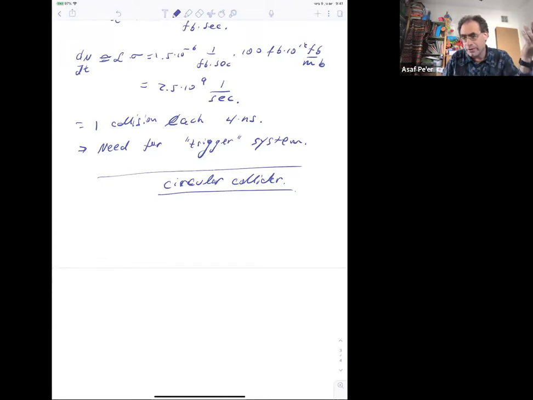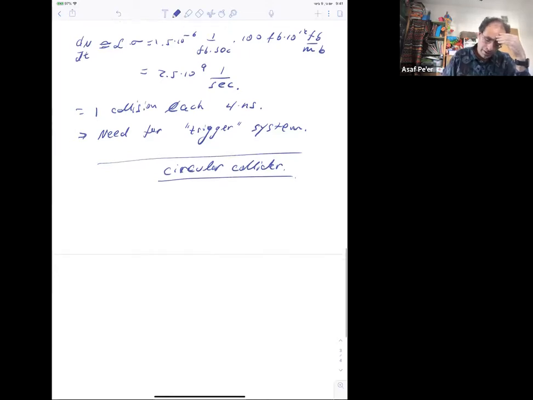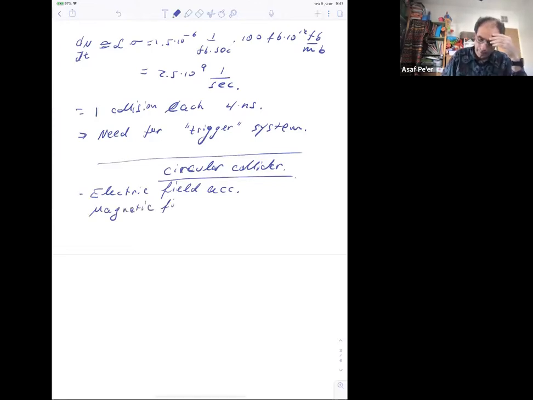These are charged particles, so it's reasonably easy. So in the circular collider, we have electric field that accelerates, and magnetic fields that govern the motion in the perpendicular direction.